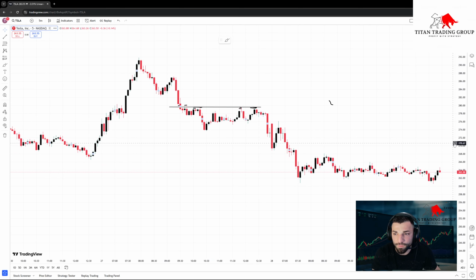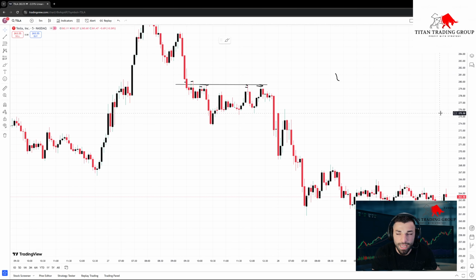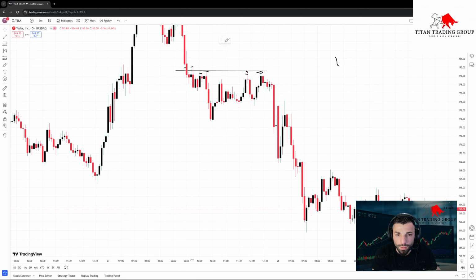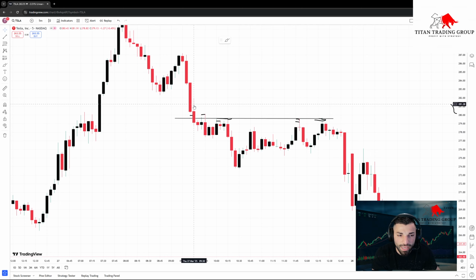When we look at the longer time frames, we see this beautiful rejection, beautiful breakdown, rejection, rejection, rejection. Once the stock came down and failed to continue down, we assumed that this area is now a support area.